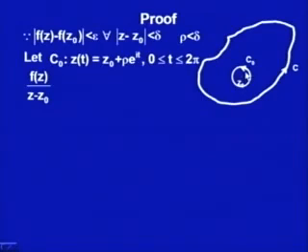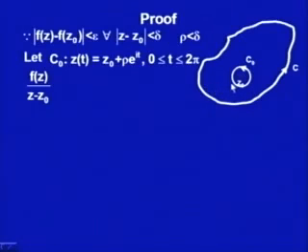Now, if I take this internal circle C naught and remove the interior of C naught out of this region C, then what would I get? I would get a multiply connected, or basically doubly connected, domain in which this function f(z) upon z minus z naught is analytic.